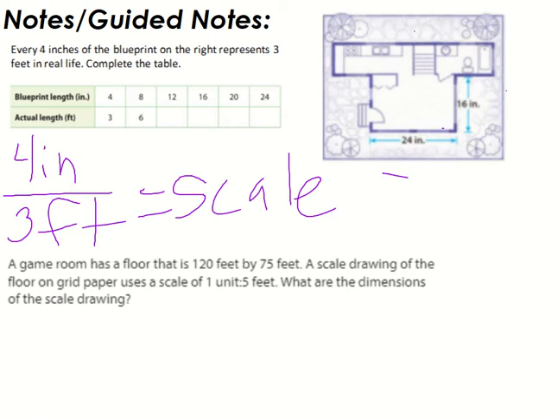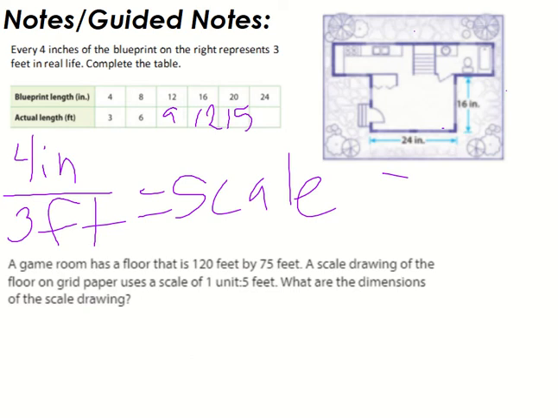So we're going to fill out this table so we can find out what these two measurements are in real life. They have started the first one, 4 inches, 3 feet. They did the second one, 8 inches, 6 feet. So 12 inches would be 9 feet, right? We're just going to go up by 3 feet. 16 inches will be 12 feet. 20 inches will be 15 feet.